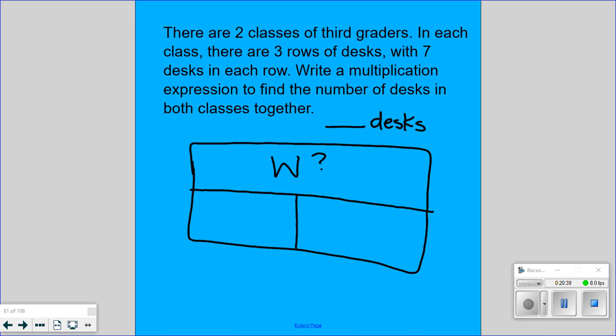What's my next grouping? Bryson? 7 desks. Do I just have 7? 14. I don't have 14 even up there. What's happening? Think about it. You're on the right track, but think about it a little bit more.